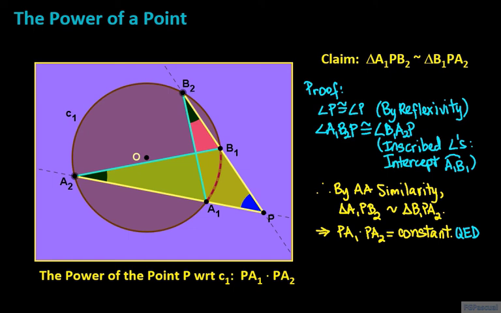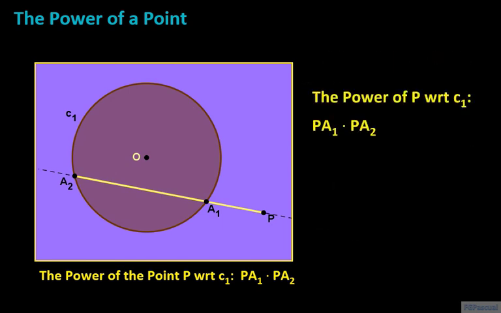This begs the question, what is the value of this constant? To determine this constant, let us isolate the secant line through PA1A2. Let us suppose that the points A1 and A2 start sliding towards each other along the circle, so that they converge towards a single point. So that the secant line is now the tangent line through P, tangent to the circle at the point T. The distance PA1 tends to PT, as does PA sub 2.